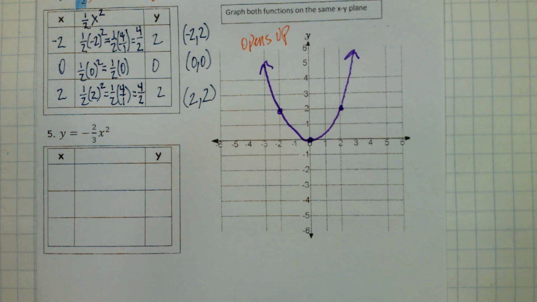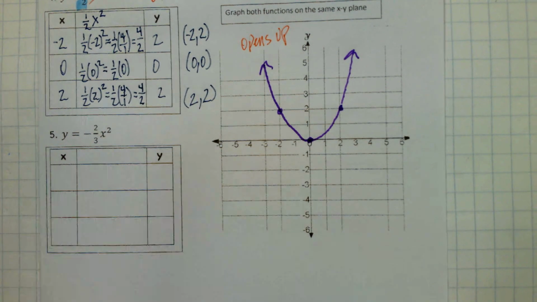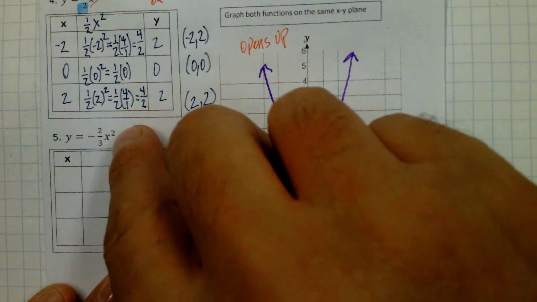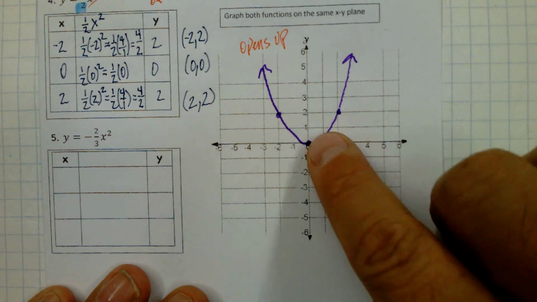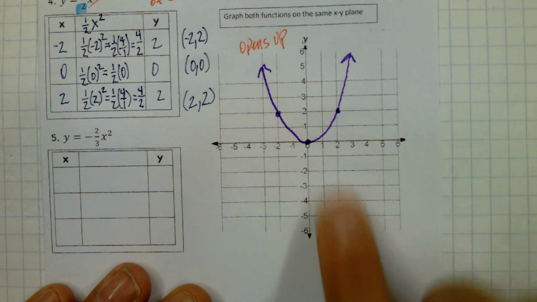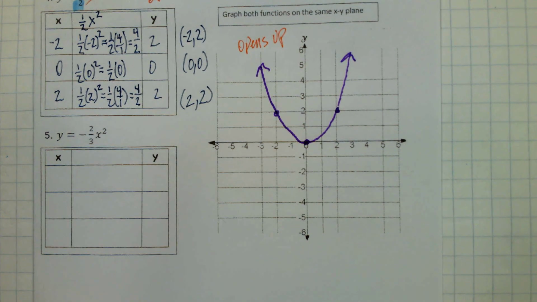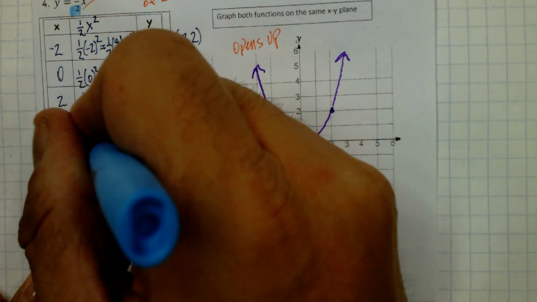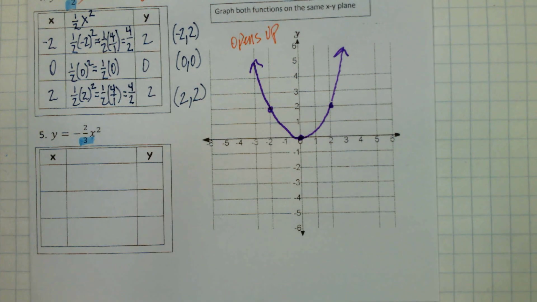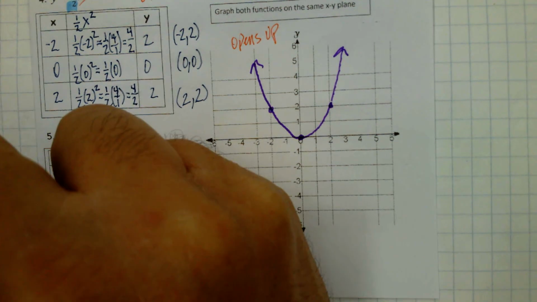Well, a couple things on this one. First of all, does it open up or down? No. It's going to go like this. We're not adding or subtracting anything, so it's going to go through 0, 0. They're going to have that point in common, you'll see. Now let's look at the denominator. It's 3. So for our numbers to do the calculations, we should pick multiples of 3. So I want 0 for sure.